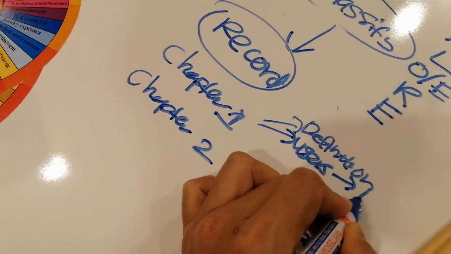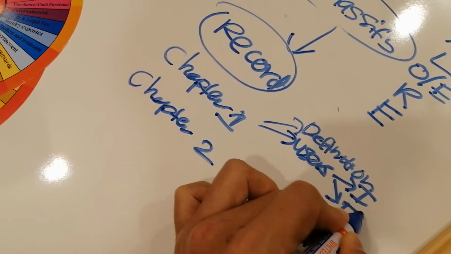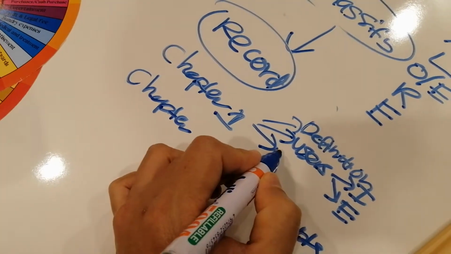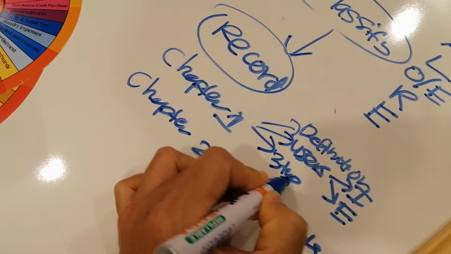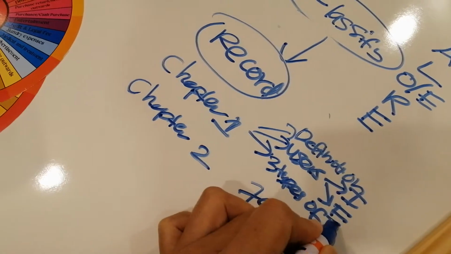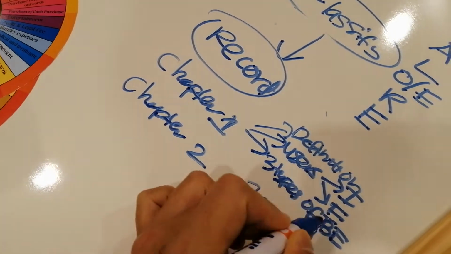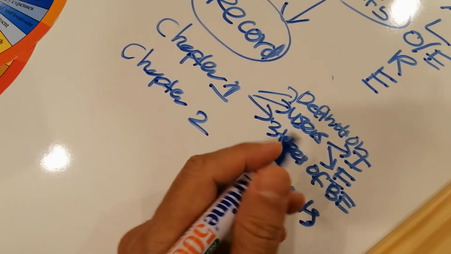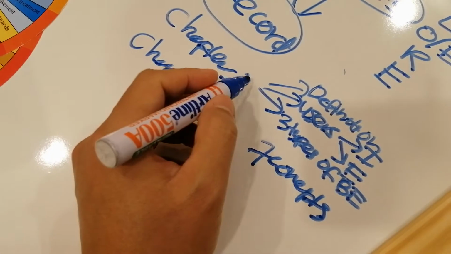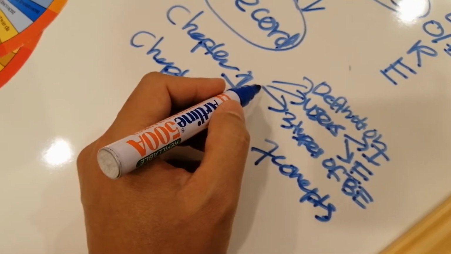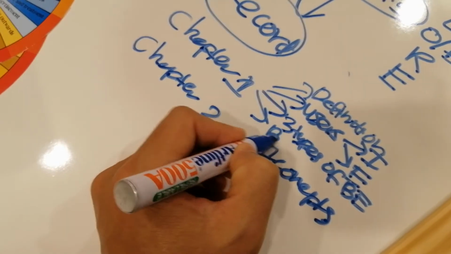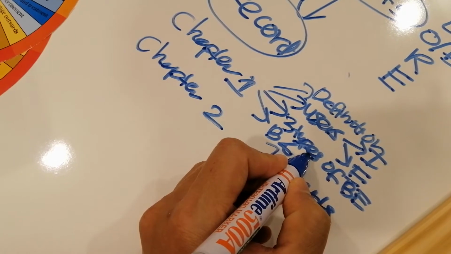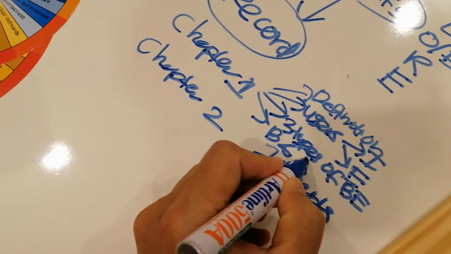We have internal users, we have external users, and we have 3 types of business entities. You need to know the business entity, because this is a favorite question, especially for final exam. And you need to know what is bookkeeping and what is accounting.